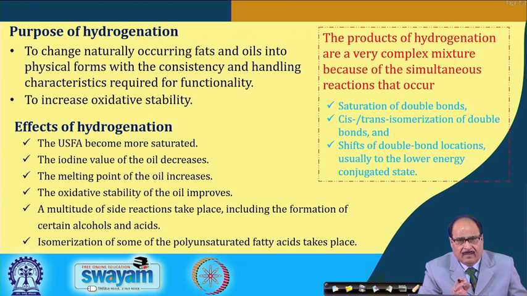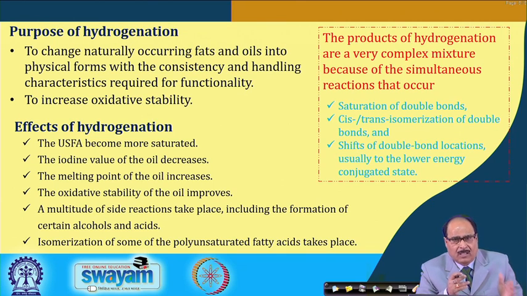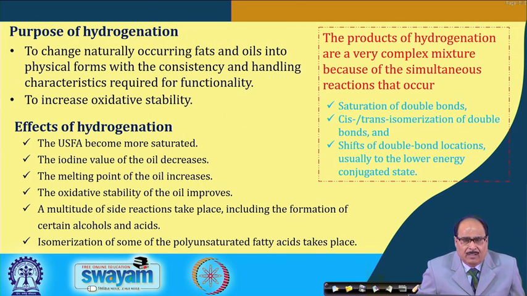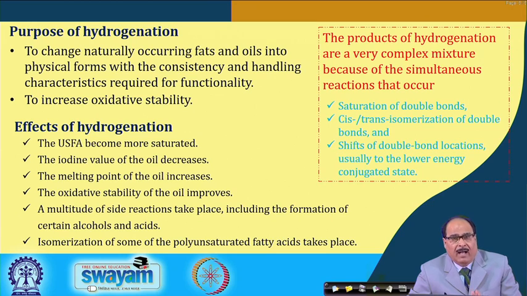By converting unsaturated oils into saturated fat, we are making them more stable to oxidation. The effects of hydrogenation include that unsaturated fatty acids become more saturated, and the iodine value of the oil reduces, because iodine value is the measure of the degree of unsaturation. The more unsaturated the fat, the higher the iodine value.